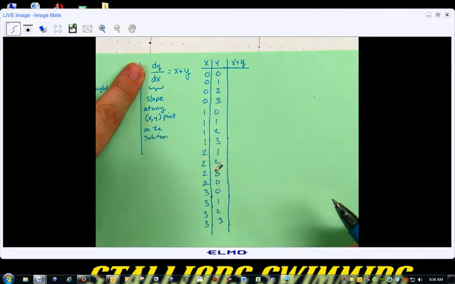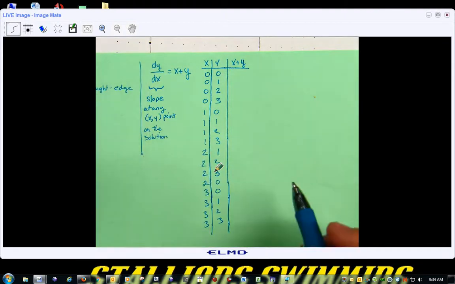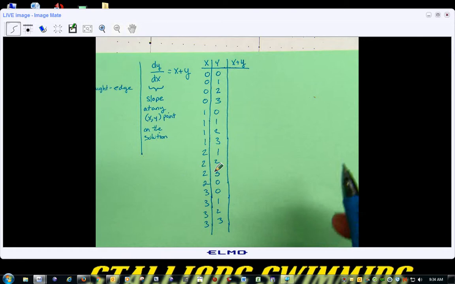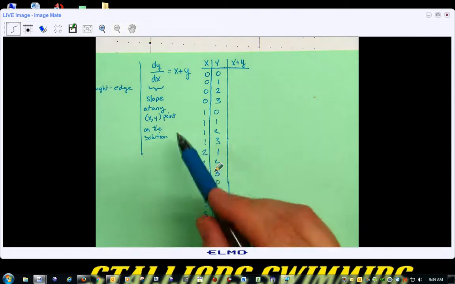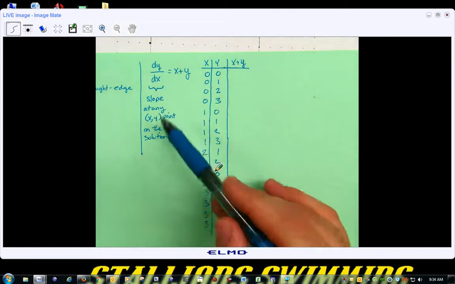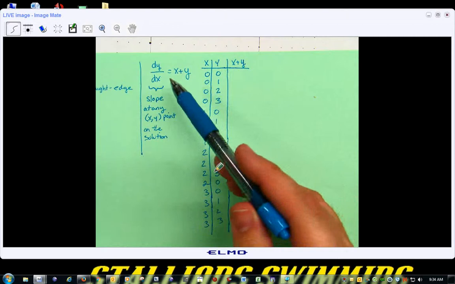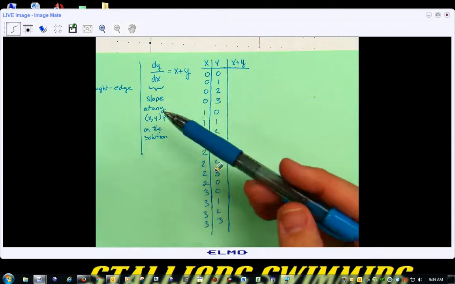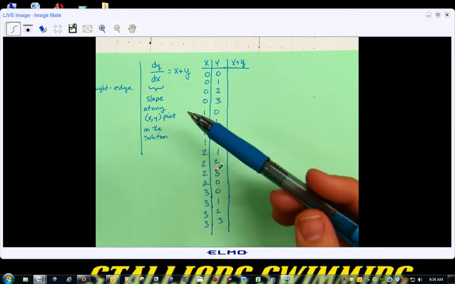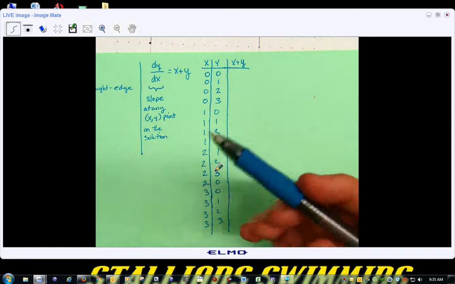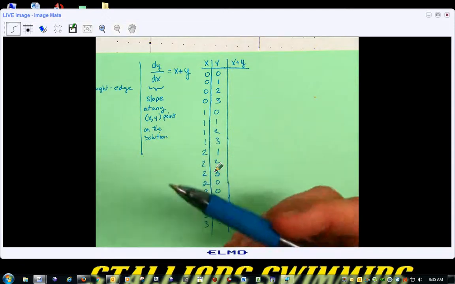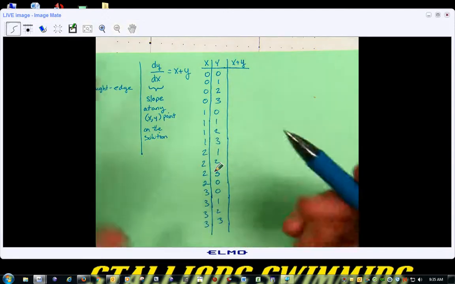Whatever the solution ends up looking like, dy/dx represents the slope of the tangent line at those different points. We take the idea of dy/dx as the change in y over the change in x. Now, it says that our slope is equal to x plus y.